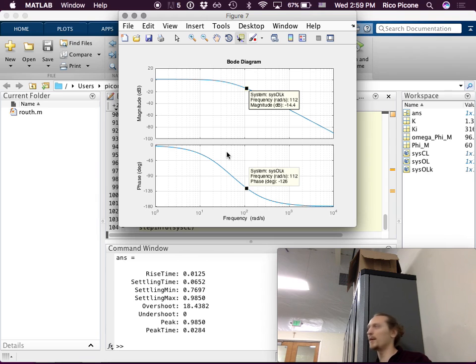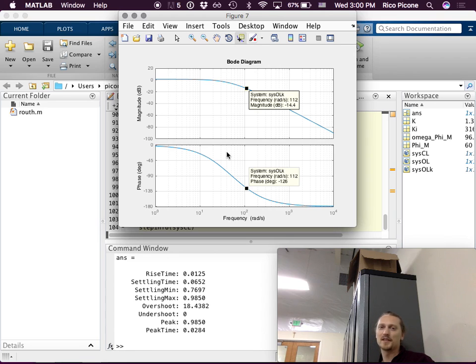If you start out with a stable system, chances are that if you increase the gain enough, it's going to go unstable. And you'll be able to know that when your gain margin and phase margin start to become negative. You can tell that on the Bode plot.